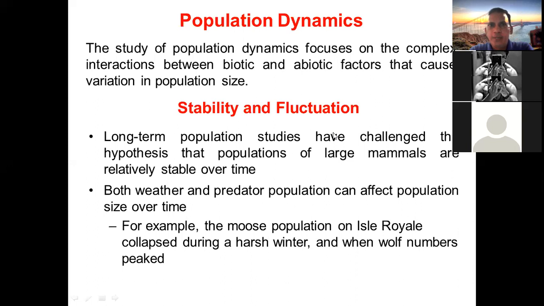So there is a kind of interaction between the biotic and the abiotic factors. Now this interaction leads to variation in the population size. If we look from the broader perspective, one of the important parameters that we come to realize is the availability of temperature, moisture, and nutrients.